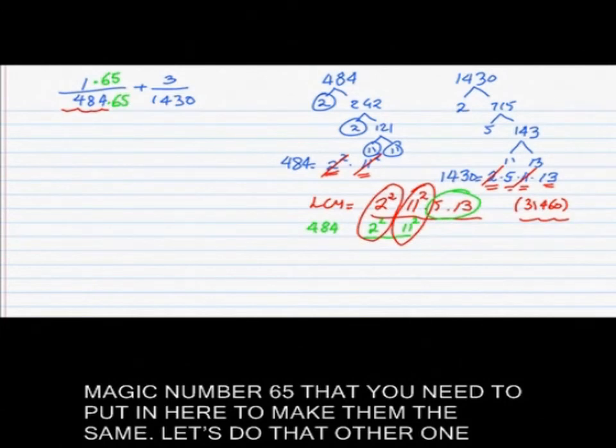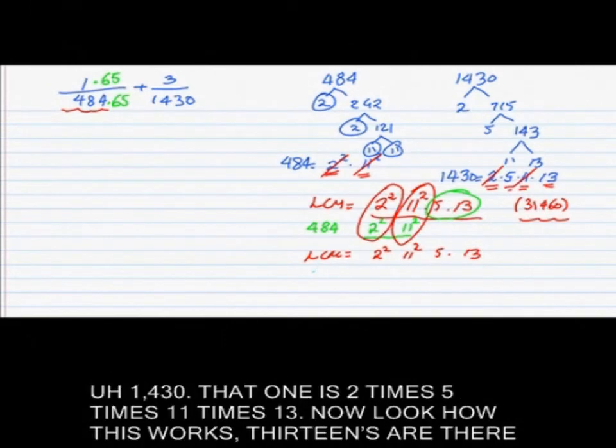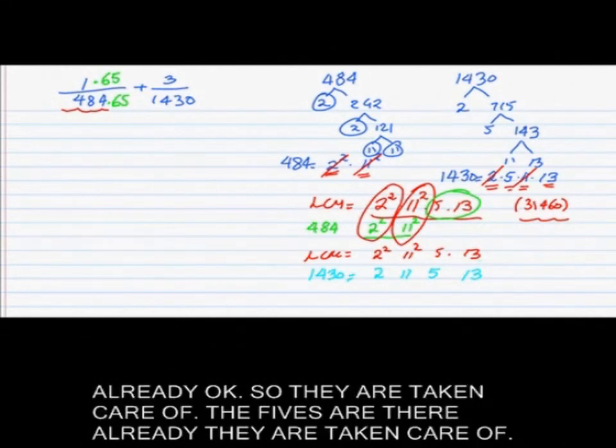Let's do that other one. Again, LCM is 2 squared, 11 squared, 5, and 13. And I'll do that with this color, turquoise. 1,430 is 2 times 5 times 11 times 13. Now, look how this works. 13s are there already, so they are taken care of.